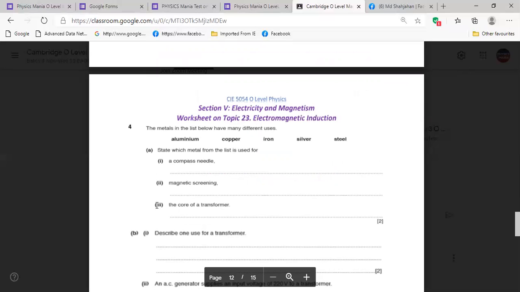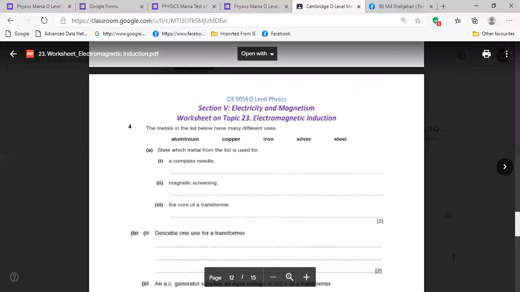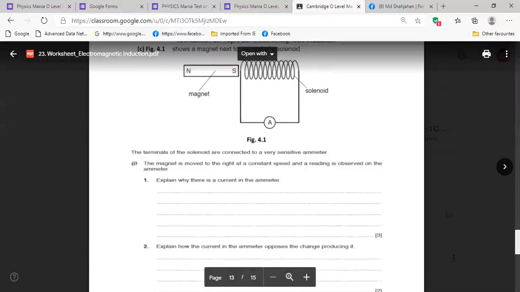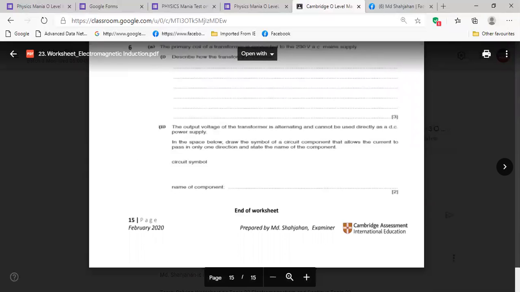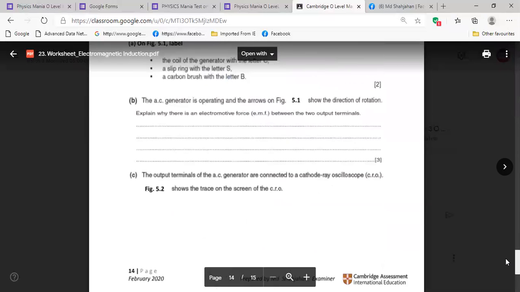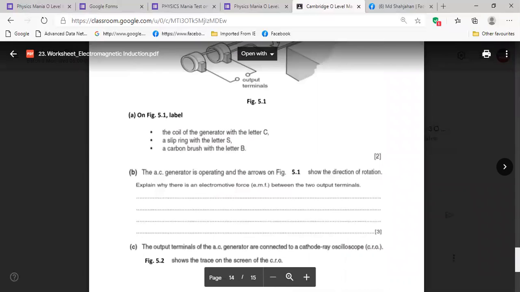Now this rest question 4, then 5, then 6. These 3 questions you will try again at home, okay? And now we have 30 minutes. These 30 minutes we will take a test, MCQ. Only MCQ of topic 22 and 23.